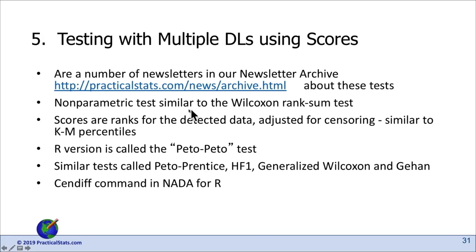So it gives you back numbers that can be used in something very much like, they're really just generalizations of the rank sum test or the Kruskal-Wallis test, either one. There's going to be one of those numbers for every detected value in the data set, and they're basically evaluating whether the percentiles are the same in the two groups.